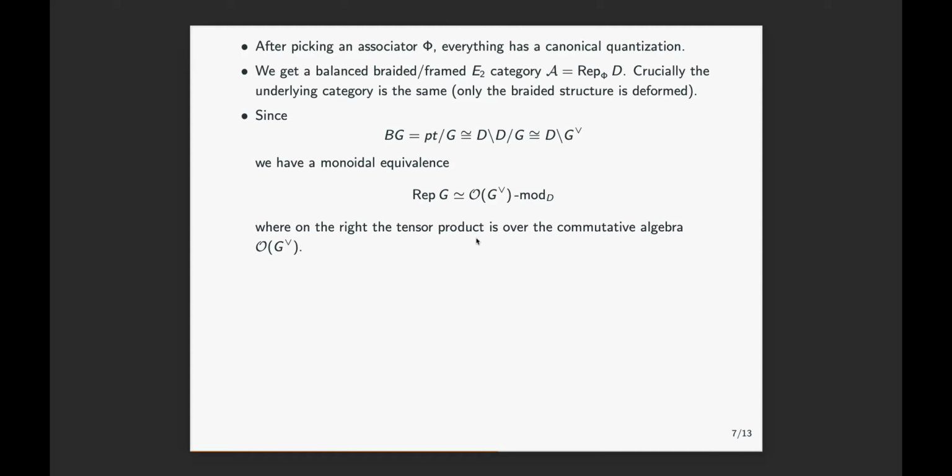And so here's this category of representations of G, which is O of G comodules, and it is actually the same as O of G dual modules, but in D. And the tensor product here, which is the tensor product of vector spaces, goes to the tensor product over this commutative algebra. So if you're familiar with this, you can think of this as some discrete version of Koszul duality.